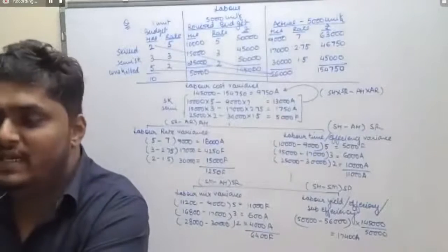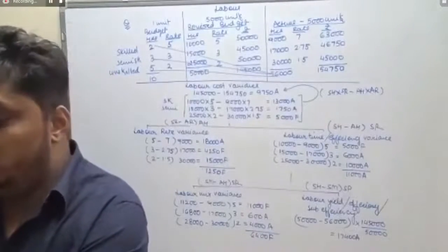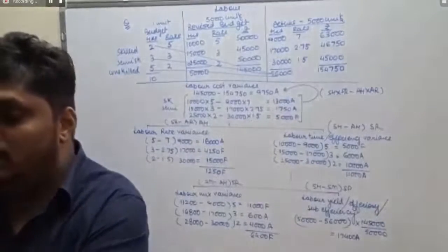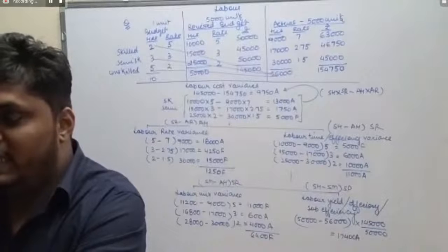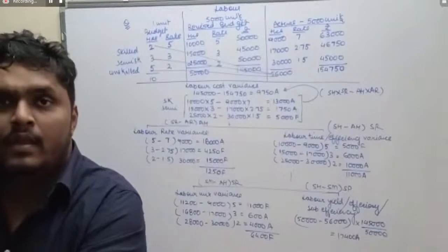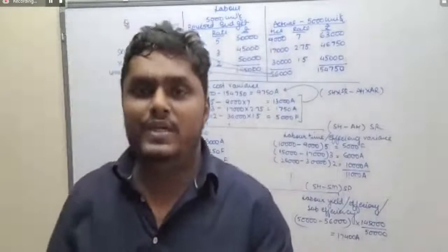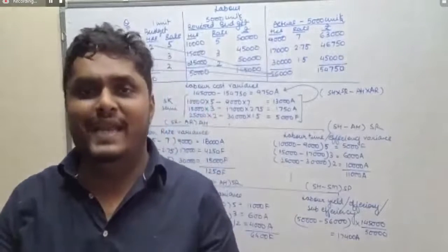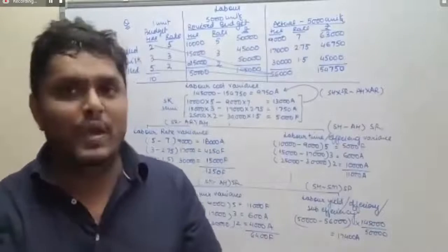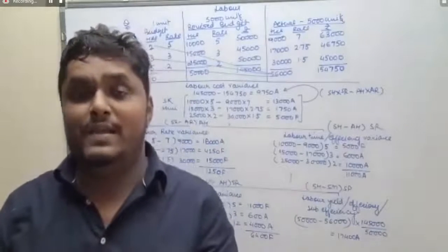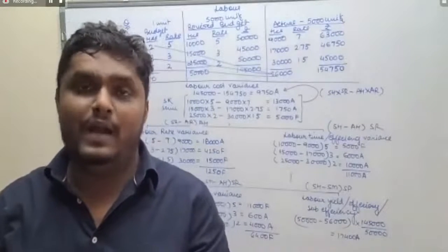So if you guys have any doubts, any queries, any confusion, you guys can ask me. Waiting for your queries, guys. In the meanwhile, I request you to revise material variance and labor variance. Let's take a break of 10 minutes. You guys will be fresh after the break because I'll be discussing the overheads part now.